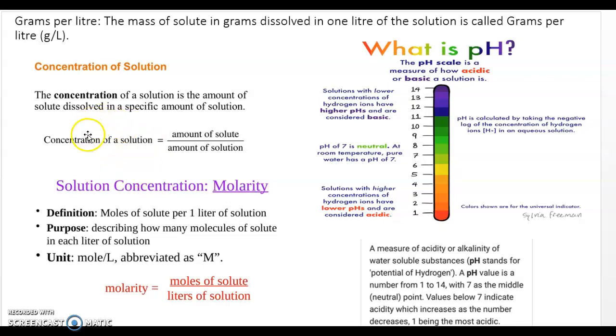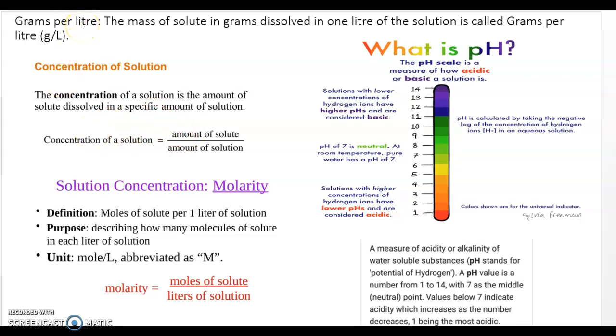That is the meaning of concentration: the amount of solute dissolved in a specific amount of solution. The glass of water is the same, but the solute, sugar, is 5 spoons in one glass and 2 spoons in the other.